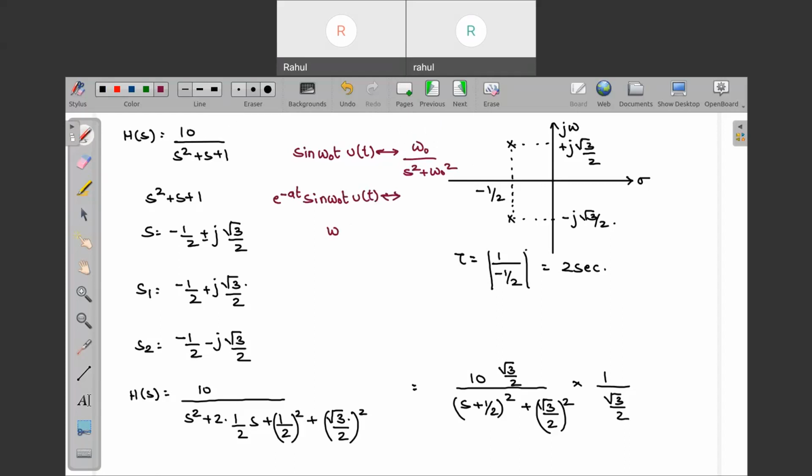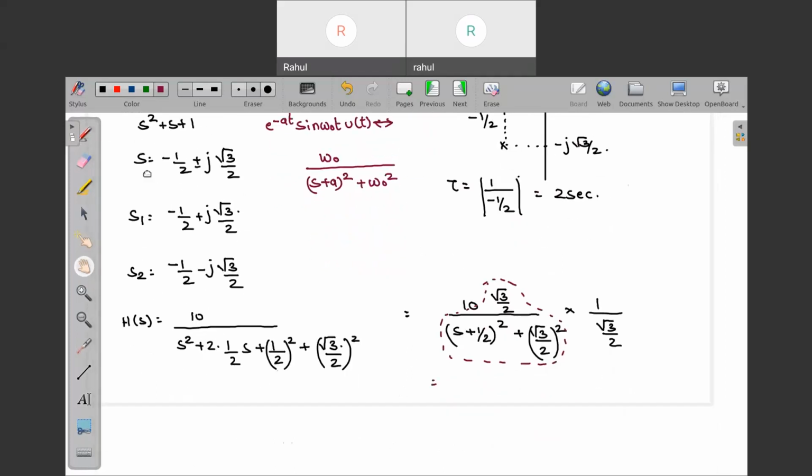So this will be omega naught divided by (s plus a) whole square plus omega naught square. And you can see this is in the same form over here. So this is in the same form like this. So what I can write, this is actually equal to what?